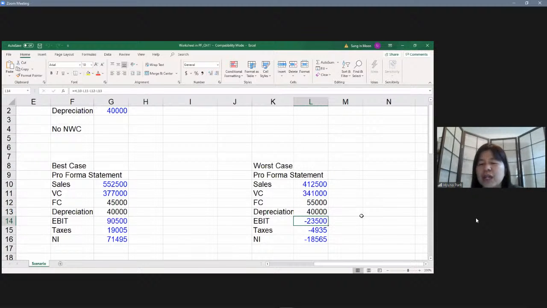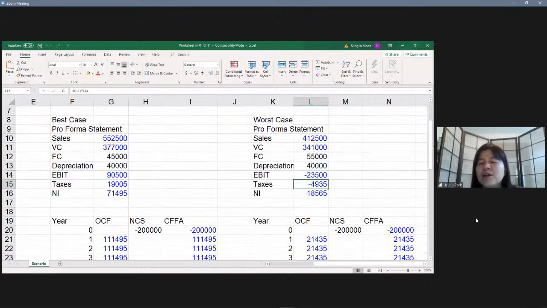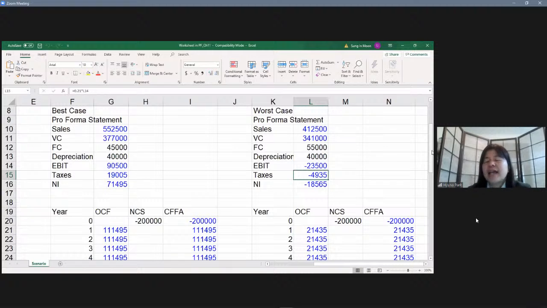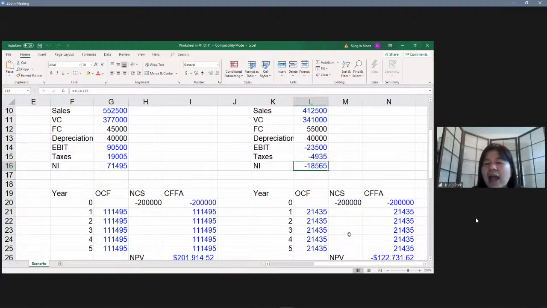So now we have negative EBIT, and tax will be negative. That's what Jackie pointed out. So net income is negative. But how come operating cash flow is positive?